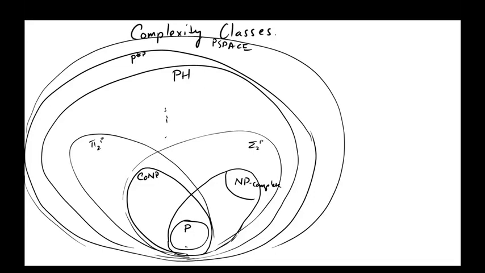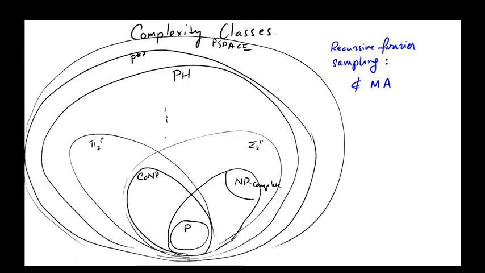Well, we already have a hint. The hint is this problem, recursive Fourier sampling. We can show that in a black box model, this does not belong to MA, Merlin-Arthur, which is a probabilistic generalization of NP.